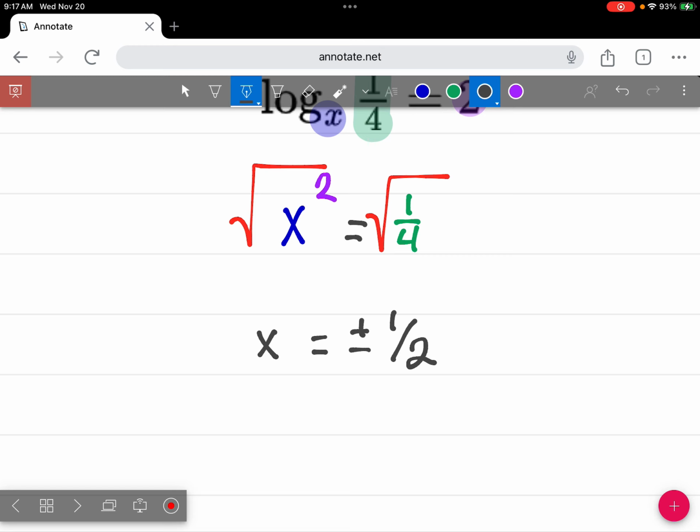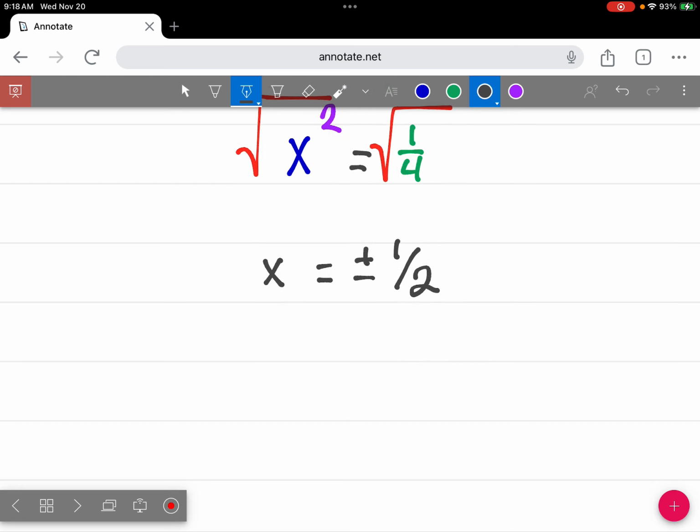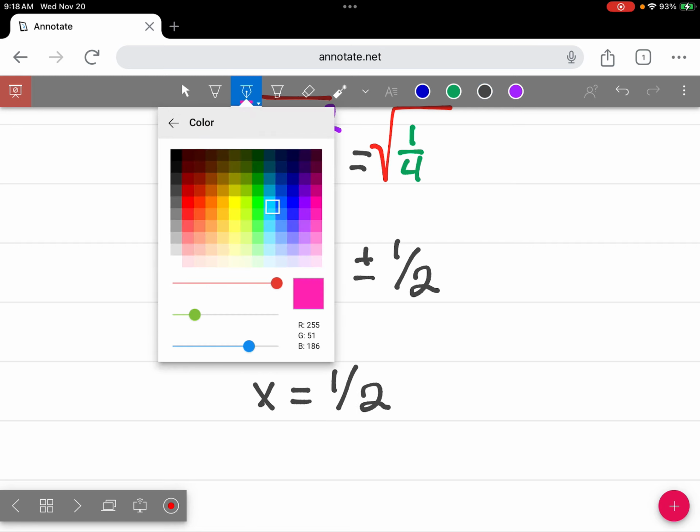Looking back at our original equation, what piece of my logarithm is x? The base. So can we have both positive 1/2 and negative 1/2 as a base? No. What is our solution? Just the positive 1/2. We cannot have negative bases. That's why I brought it up.